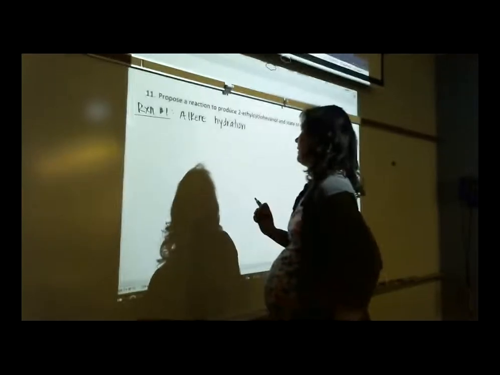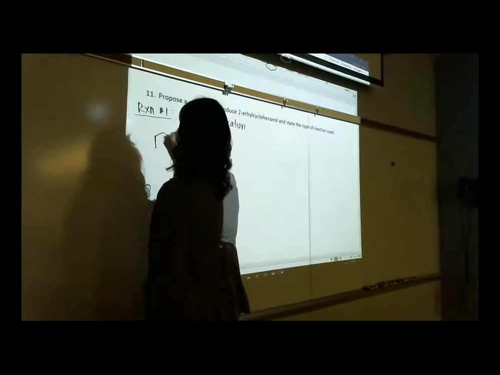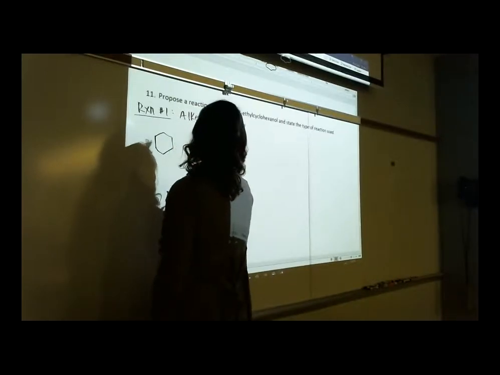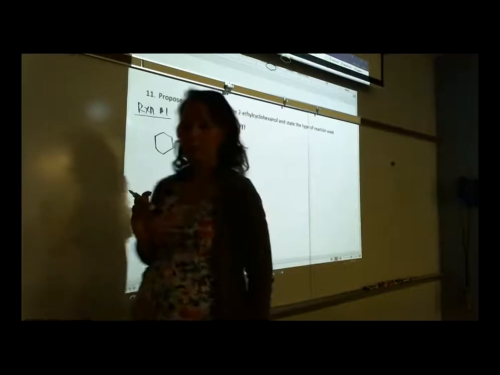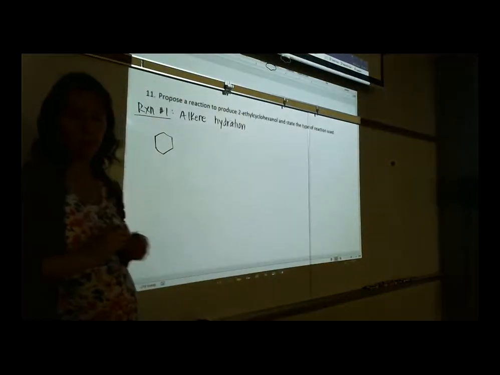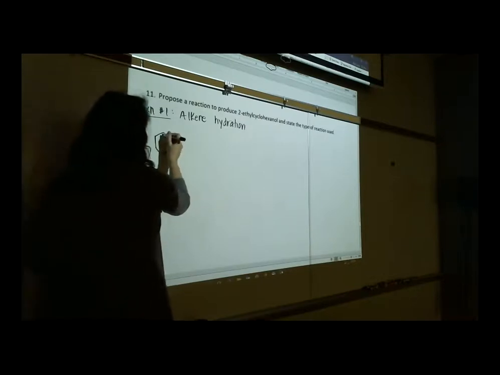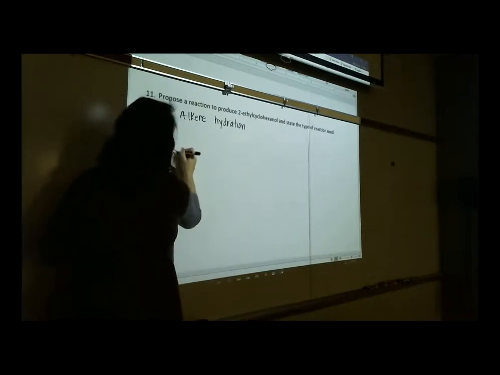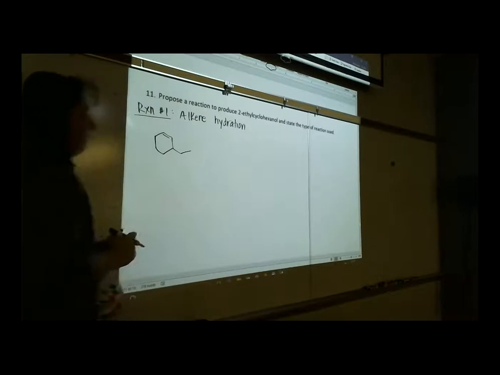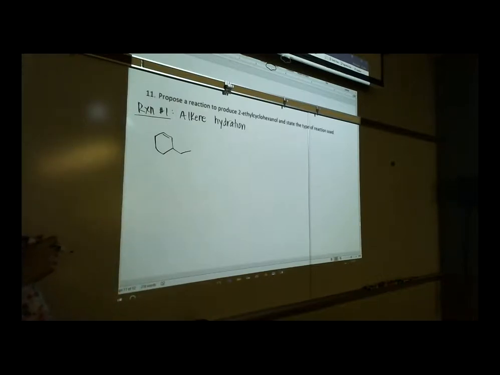So when we're hydrating this alkene, 2-ethyl cyclohexanol, where does the double bond need to be? There is a specific place where we want it to be. If we have the double bond here, and then our ethyl group here, there's going to be a very distinct winner, right?